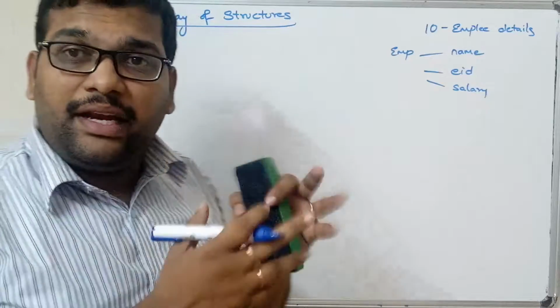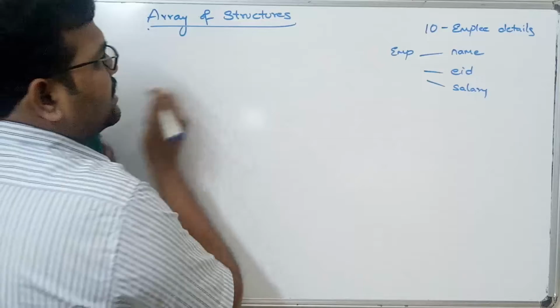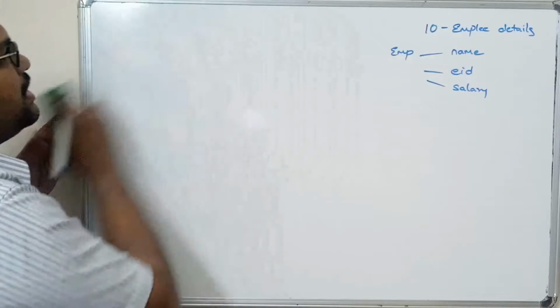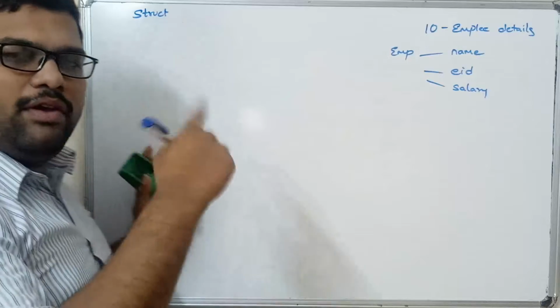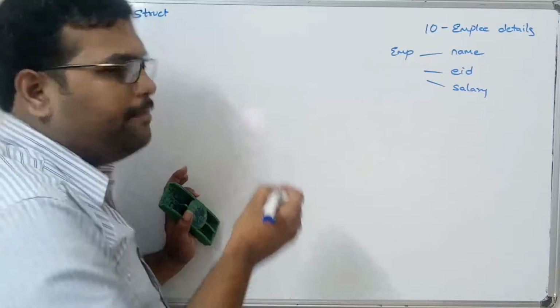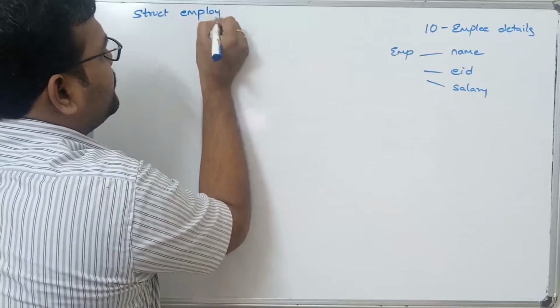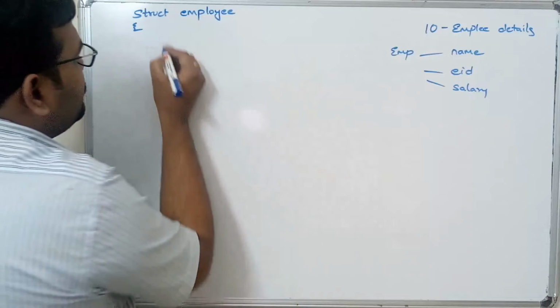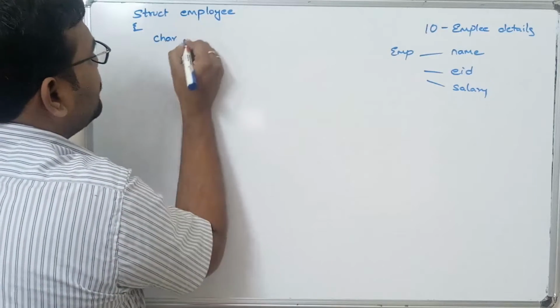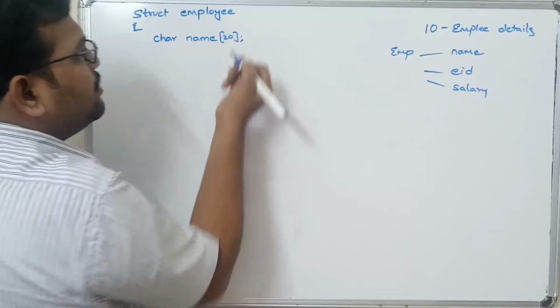First we have to define a structure with the following members. So first let us discuss the structure. I will define the structure: struct, and I will call it employee. The tag name is employee, and with the members: char name[20].